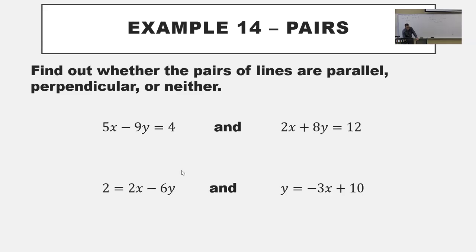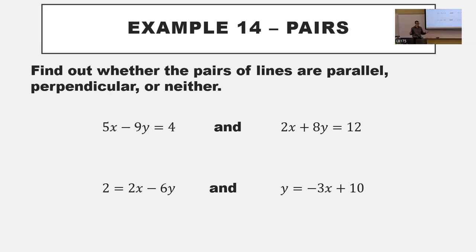All right, so now we can identify perpendicular lines. We can identify parallel lines. Those are the two we're going to be using. The lines that are neither don't tell me anything important about the slope.